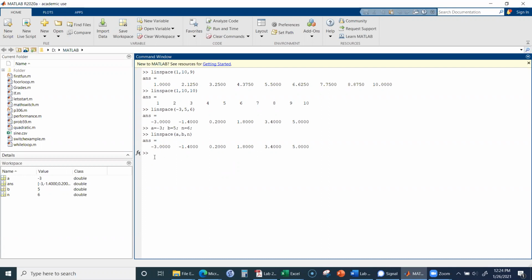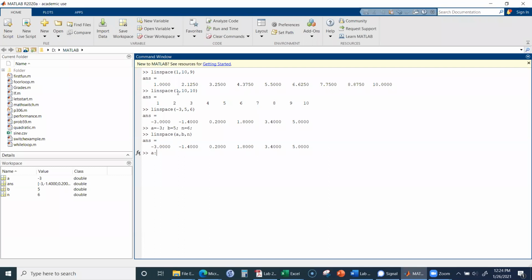Because these numbers start from -3 to 5, and a is equal to -3, the starting number will be a, then the colon, and then the ending number will be the last number minus the previous number divided by 1 less than the value of n.